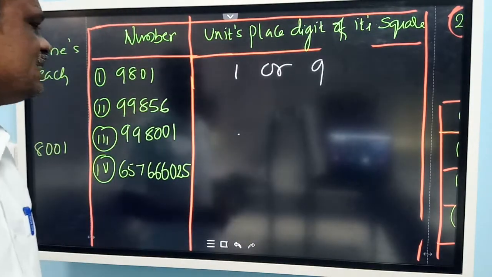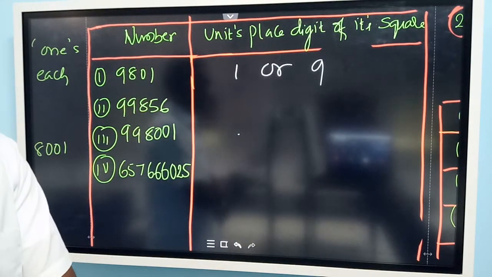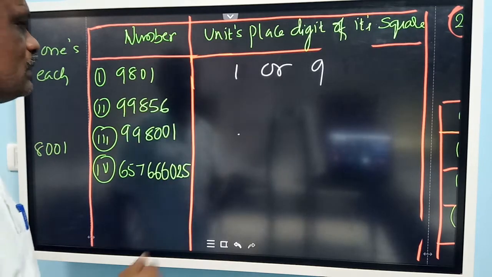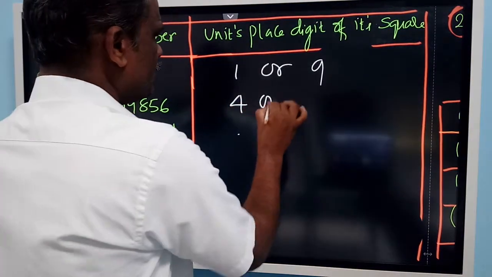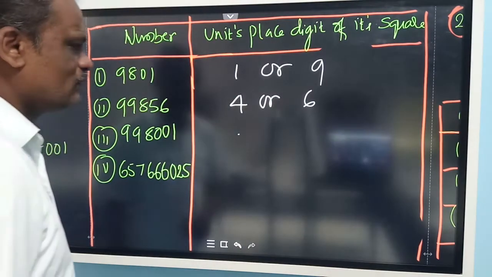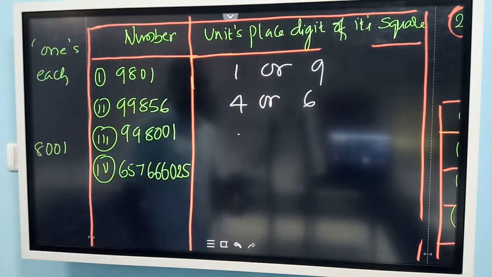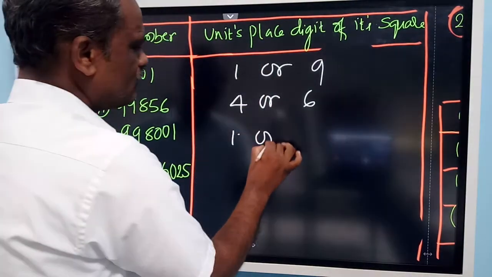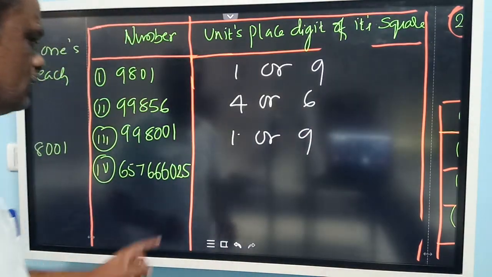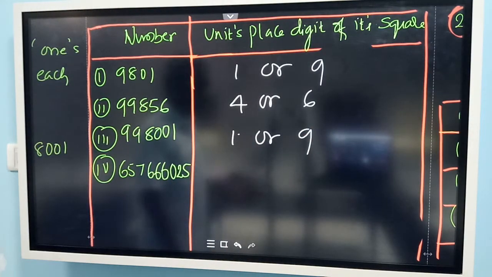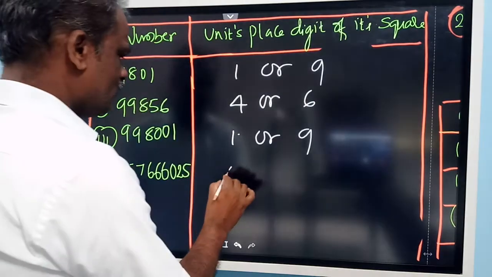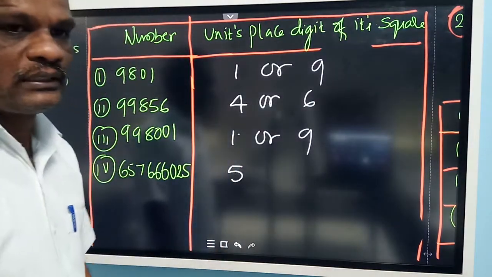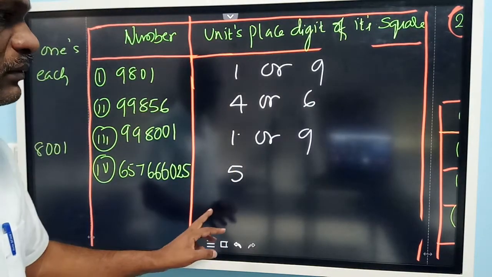Then if it is ending with 6, square root 4 or 6. Okay. Again 1, same number, 1 or 9. Ending with 5, it should be 5 only. Is it clear to all of you? Yes, sir.